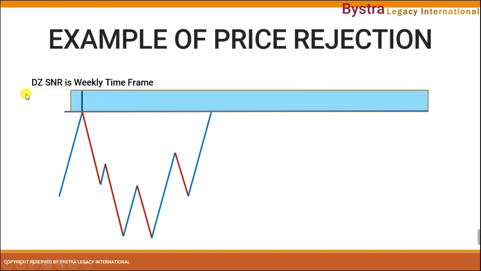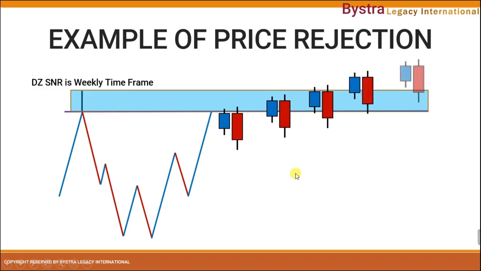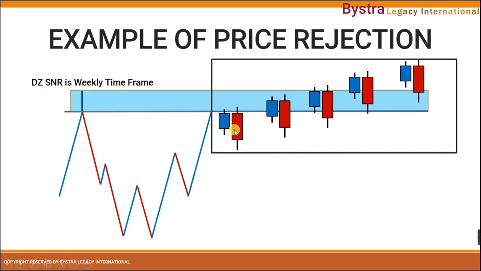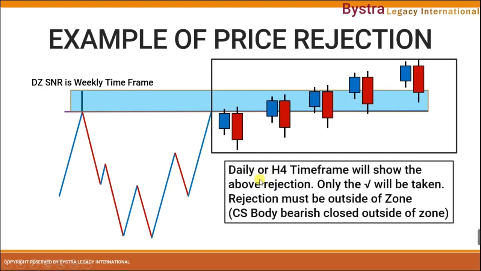This is the DZ SNR in the weekly time frame. Here there are 1, 2, 3, 4, 5 situations where the daily and the H4 time frame show the rejection. The daily and H4, as I mentioned again, are one or two time frames lower than the weekly time frame of the danger zone SNR.